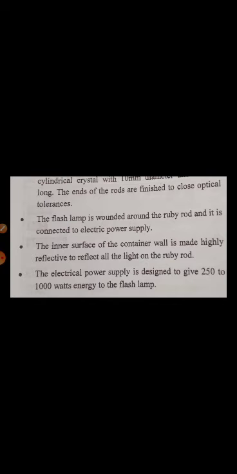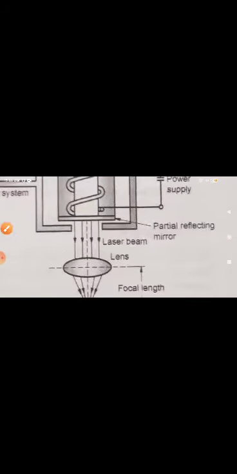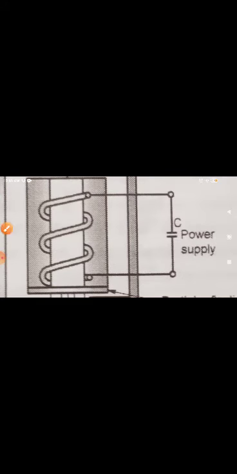Okay, see what happens over here when the light falls on it. You can see this is the flash lamp. This winding is the flash lamp, which gives the light energy to this rod. The light energy passing over here is again reflected to the ruby rod.